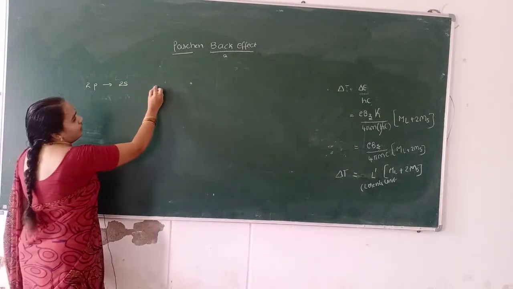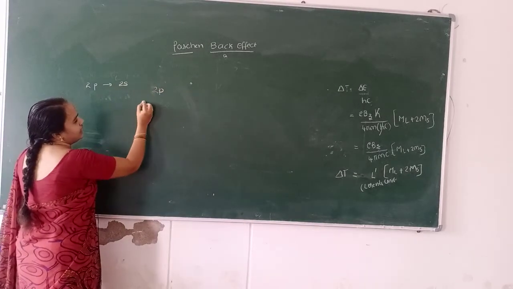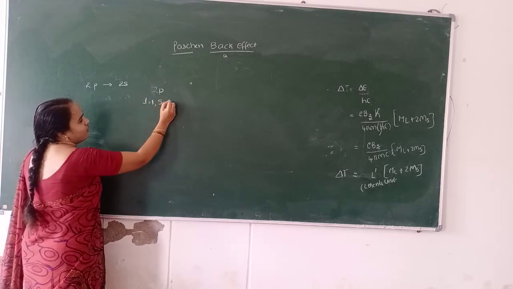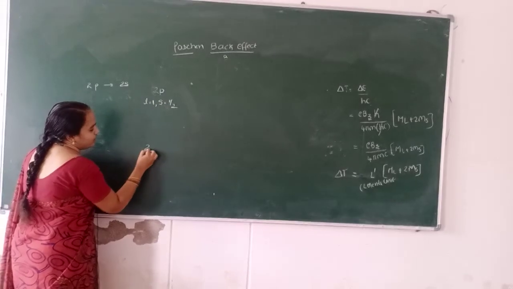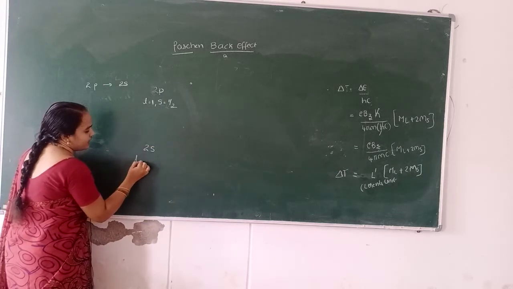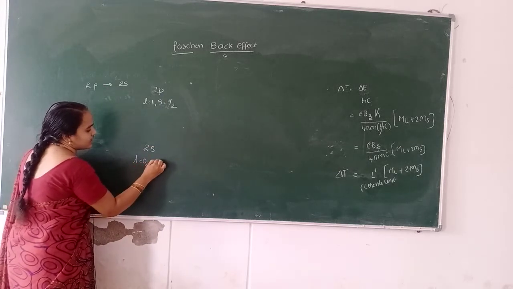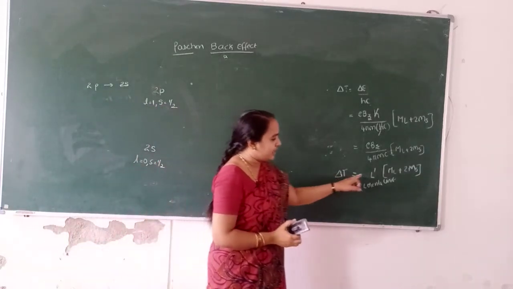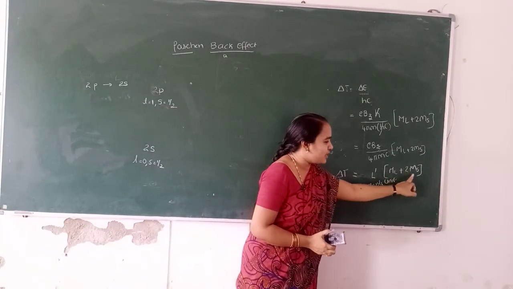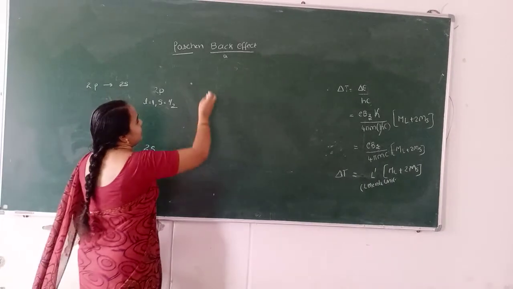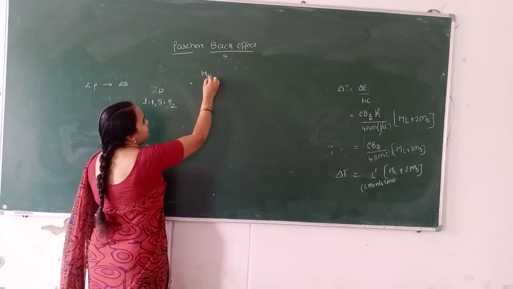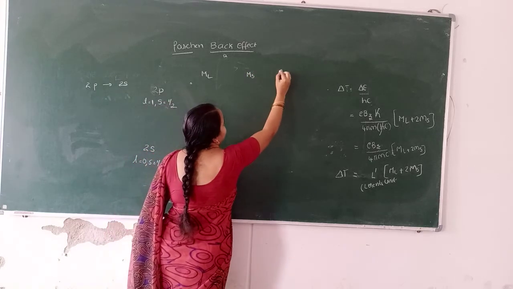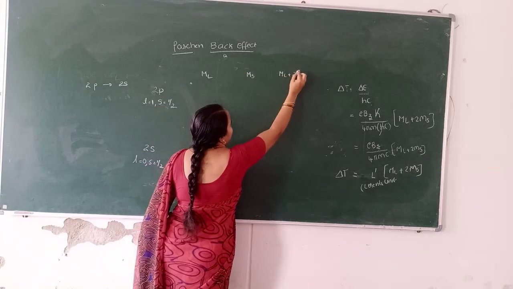For 2p, the L value is 1 and the S value is 1 by 2. For the 2s state, the L value is 0 and the S value is 1 by 2. Here we need to calculate ml plus 2 ms values. Before that we will calculate ms, then ml, and then ml plus 2 ms.